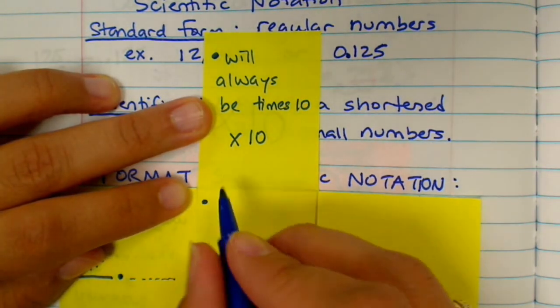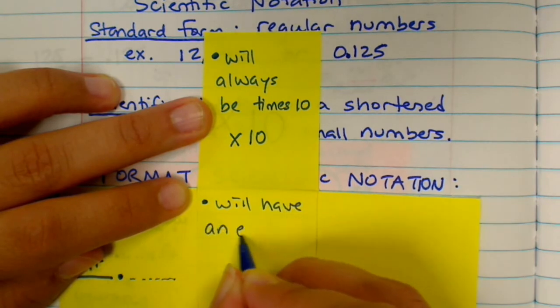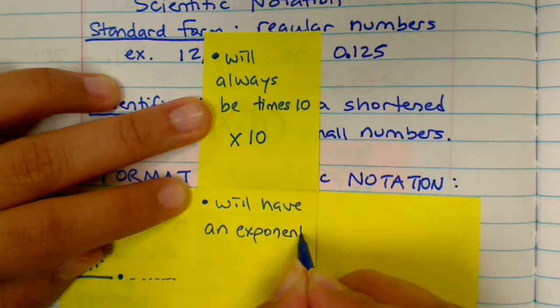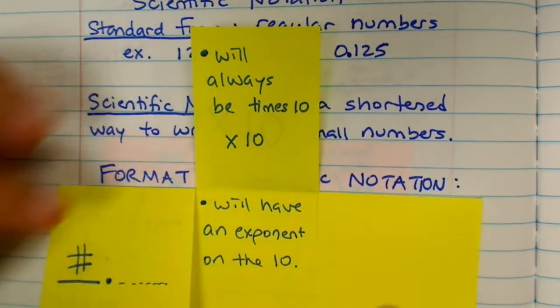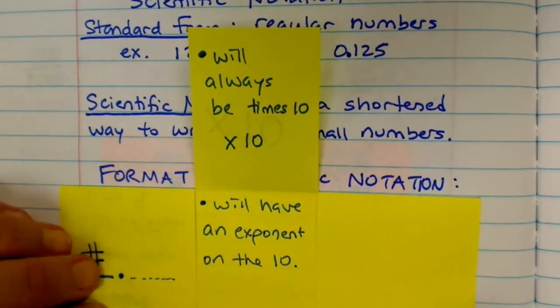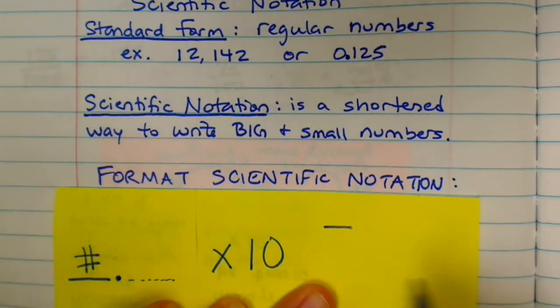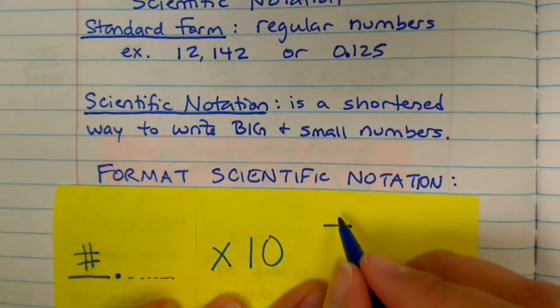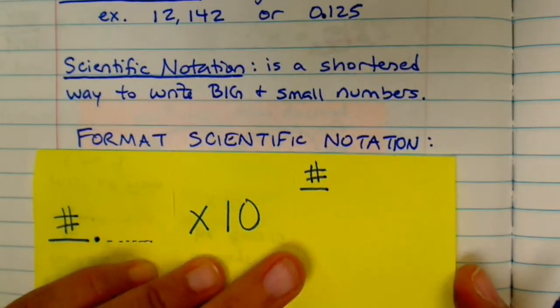Also, this number is important because it will have an exponent on the 10. So you're going to see on this last flap, it's going to have an exponent. So we're going to go ahead and draw a line kind of towards the top where the exponents are usually located, and another number sign.